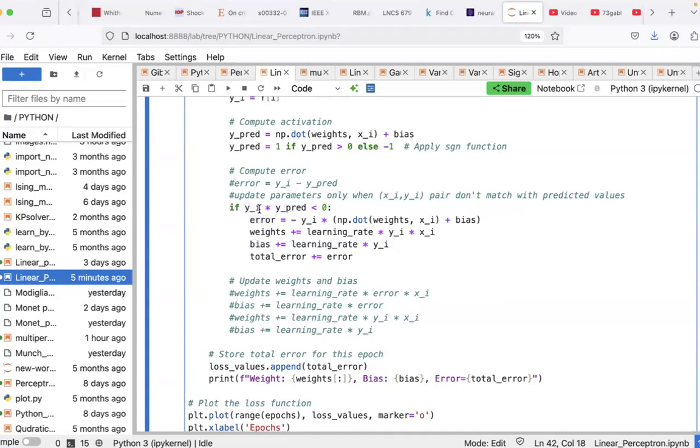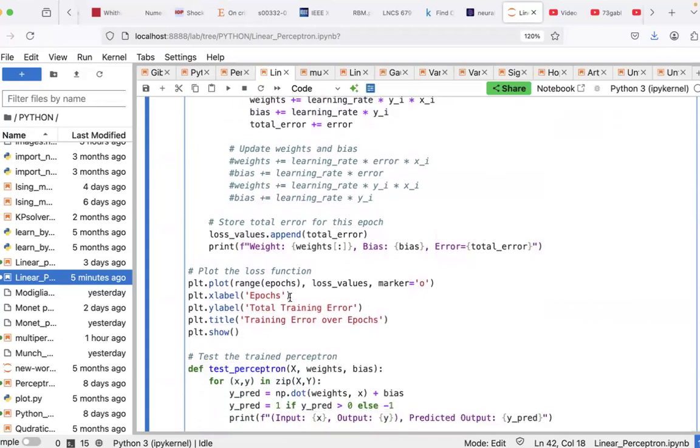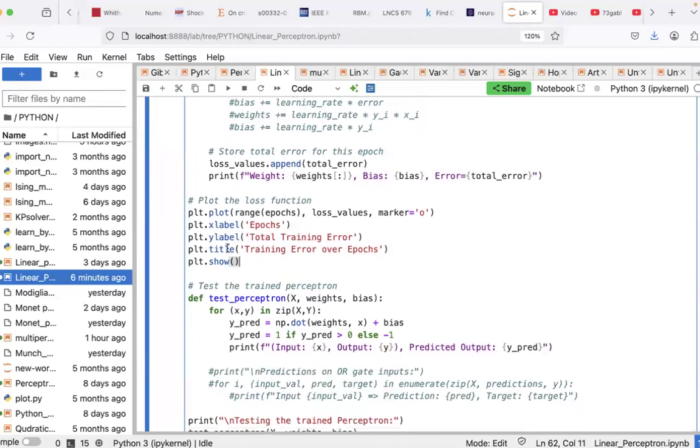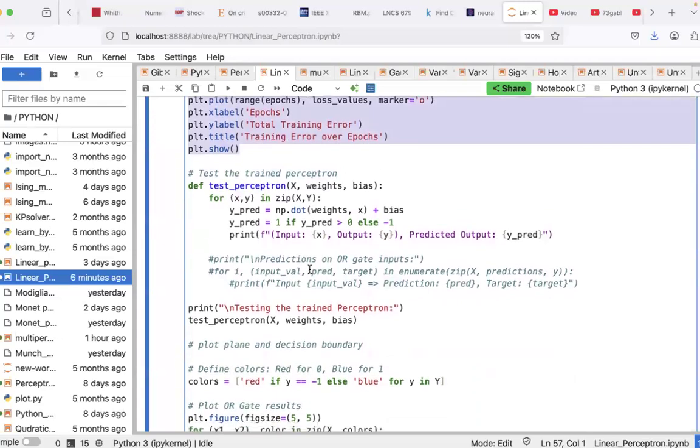Once we classify all the data correctly, this error will become 0. Then I plot the loss function, or the energy, as a function of the epochs, just to get an idea how fast or slow the convergence is. And then we test the perceptron.